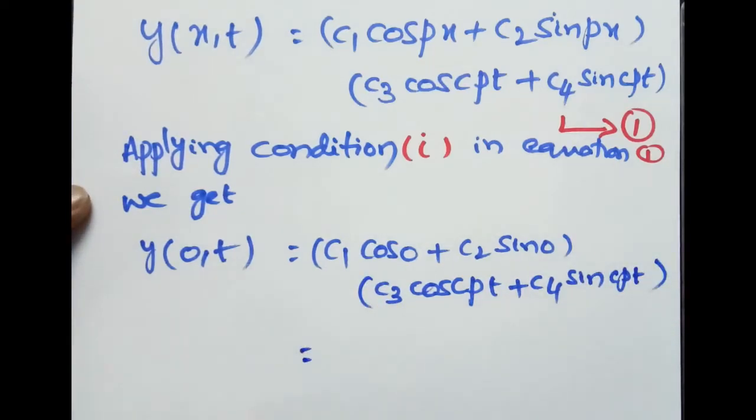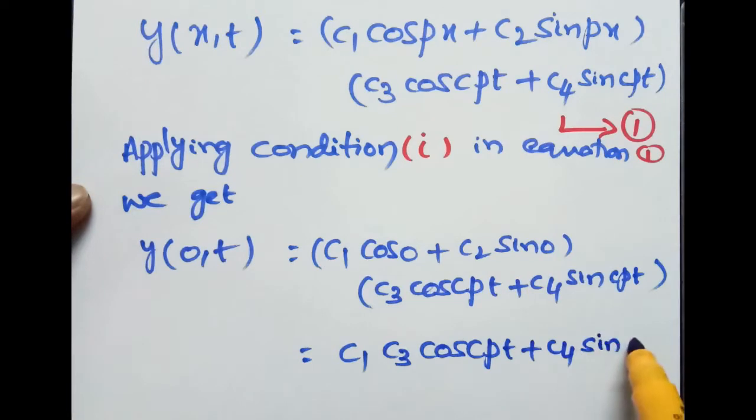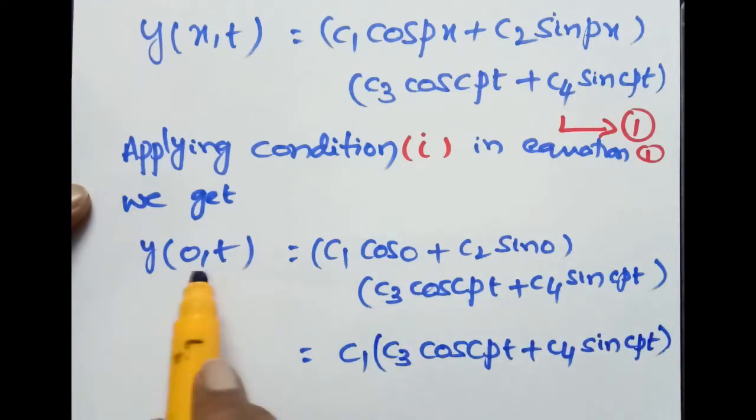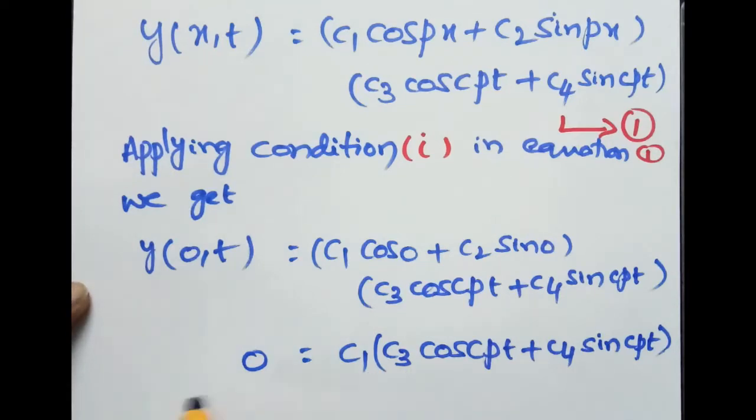Therefore, this is equal to C1 cos 0, which is 1, into C1 sin 0, which is 0, into C3 cos cpt plus C4 sin cpt, but this value is equal to 0, the boundary condition. Therefore, now either C1 equal to 0 or C3 cos cpt plus C4 sin cpt equal to 0.